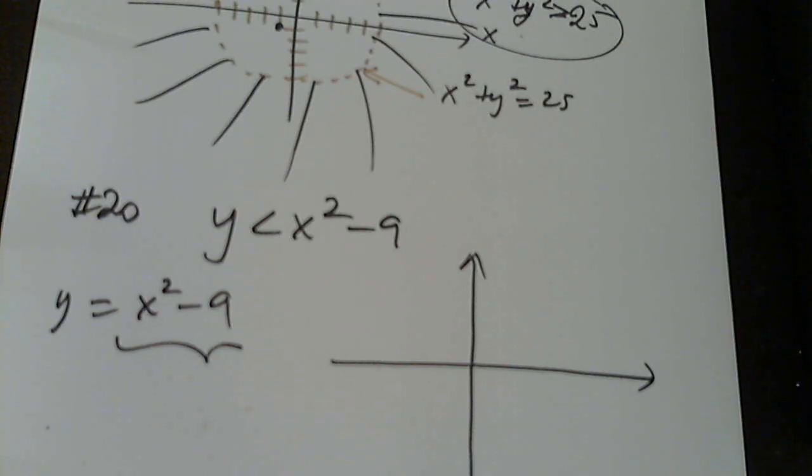We graphed this too in the past. We used transformations on it, many different situations. So how do I graph x squared minus 9? What type of function is it? How do I graph it?